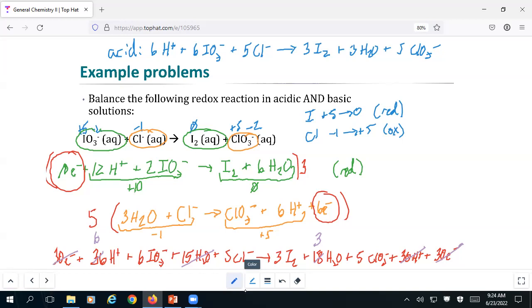Now, what about the basic solution? Well, remember our guideline for base solution is basically we just take those hydrogens and those waters and we flip them around.